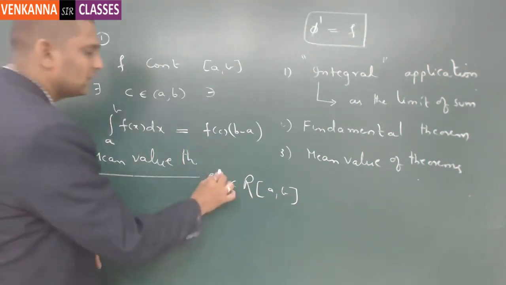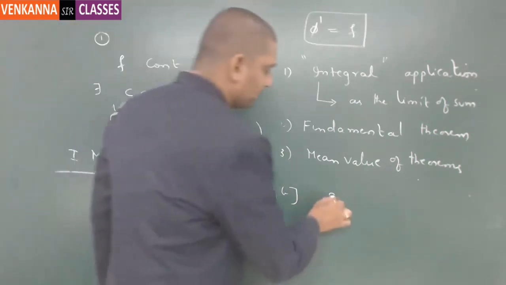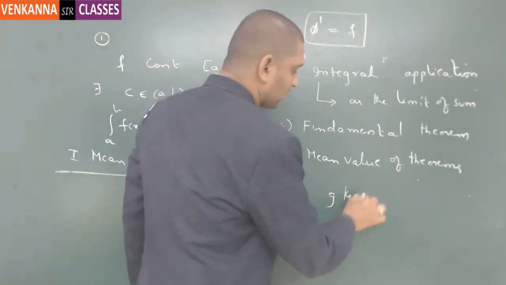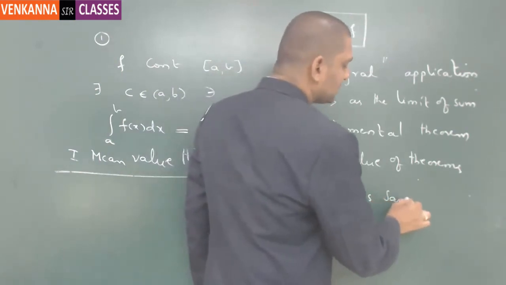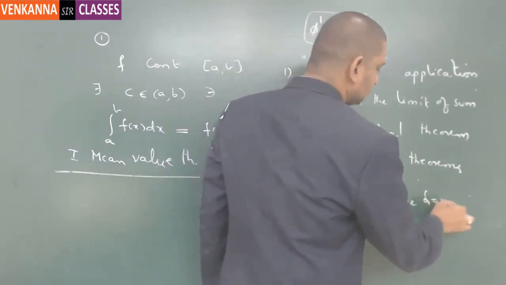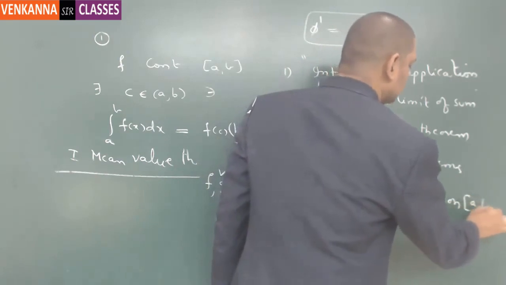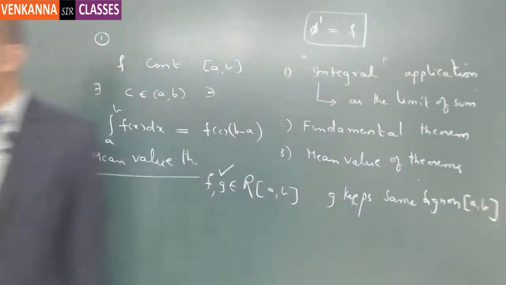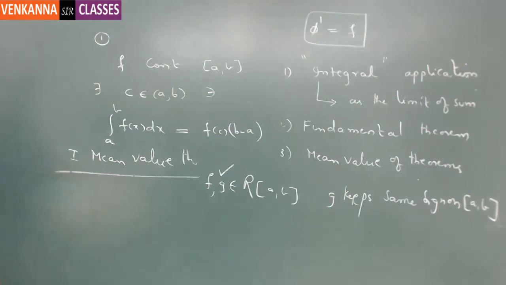Let us say one function G keeps same sign. It means that throughout the interval, if you calculate g of x, it may be either non-negative or non-positive. Either g of x greater than or equal to 0 or g of x less than or equal to 0. That is the property satisfied by g.